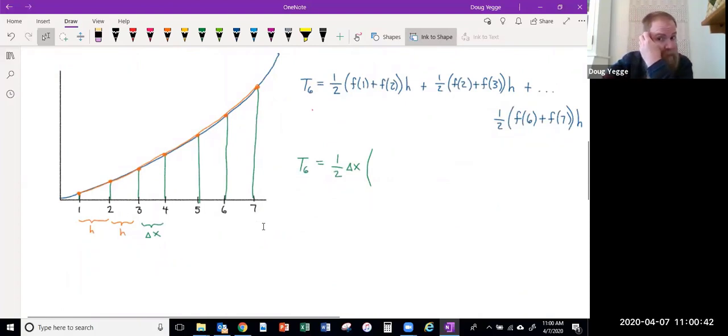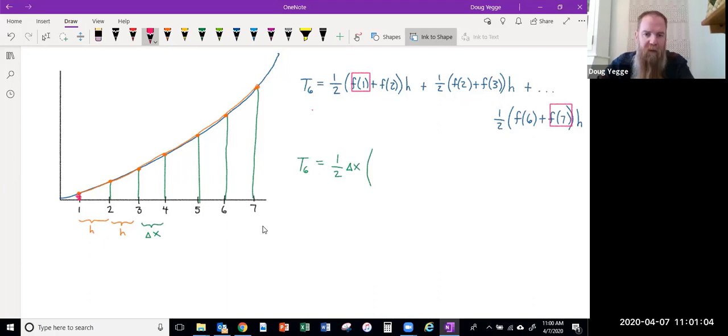Okay, but you should realize something really important here, that f of 1 and f of 7 are only being used one time, right? They're only being used once because f of 1 is the height of the first trapezoid, and that's the only trapezoid using it. And f of 7 is the right base of the last trapezoid, but it's only being used once.